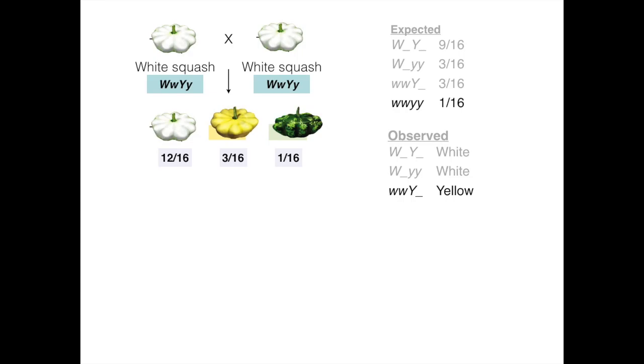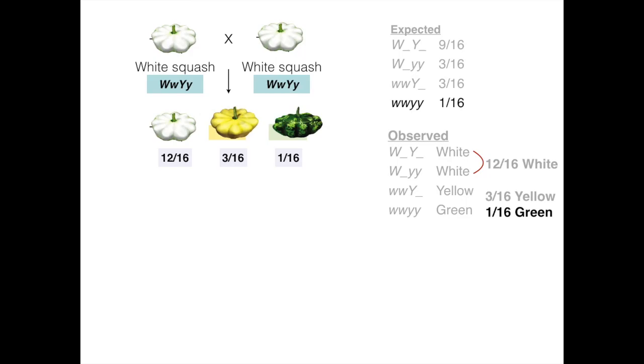If we have recessive white alleles and a dominant yellow, then we get a yellow squash, which is expected. If you're homozygous recessive at both loci, you end up with a green squash. So what you end up with is 12 out of 16 white, 3 out of 16 yellow, and 1 out of 16 green, just as shown on the left.